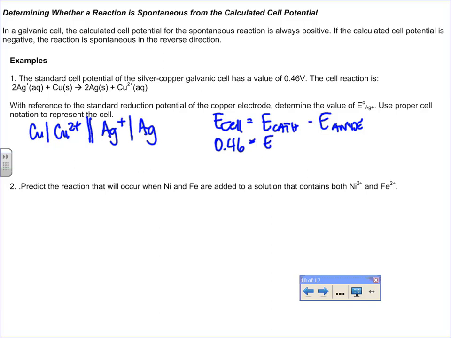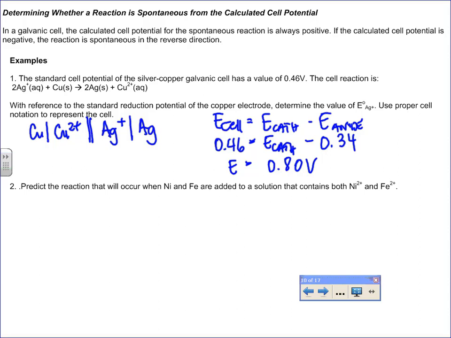So that's our unknown, and we know from our previous example that the anode has a cell potential of 0.34. So this shows us that the cell potential of silver is 0.80 volts. And if you look at the standard reduction potentials, you'll see that that is the case.